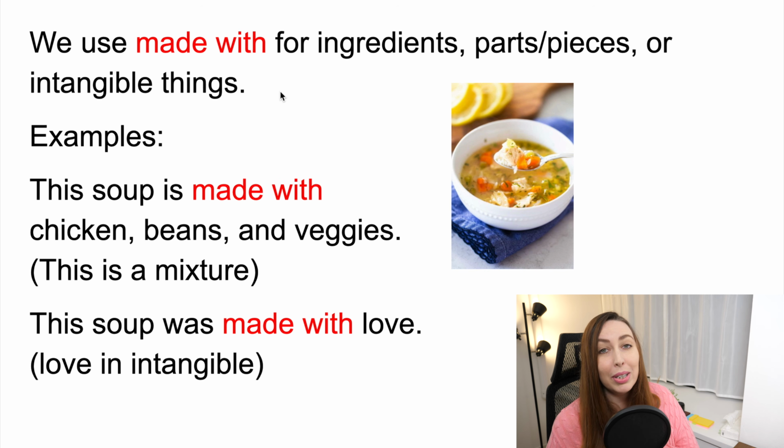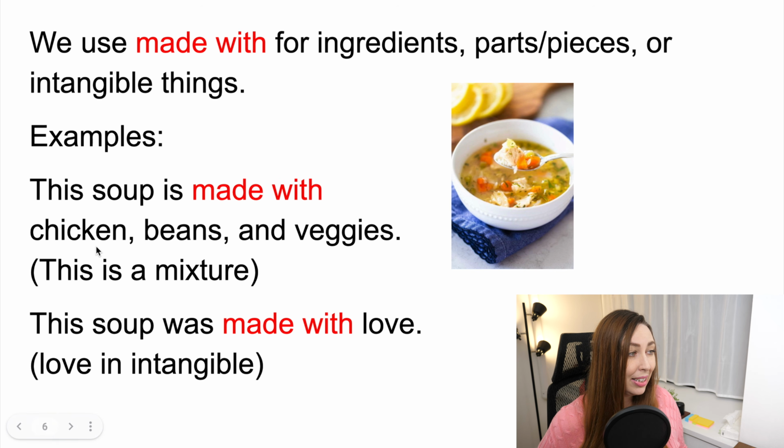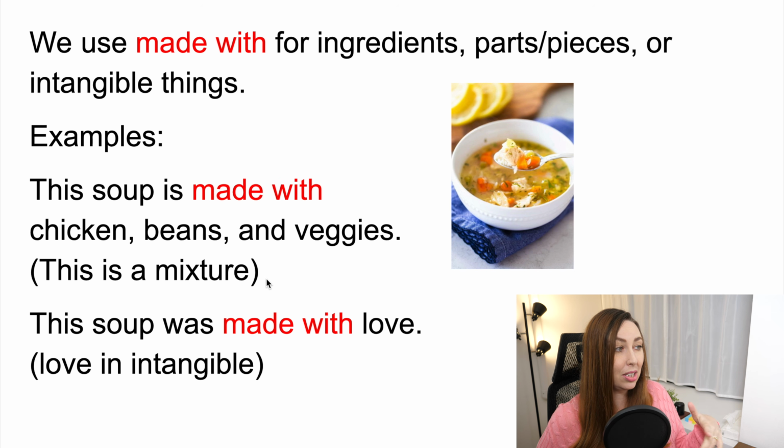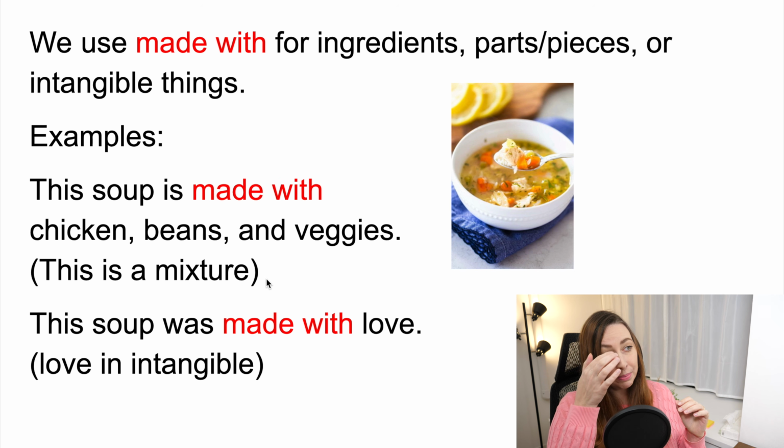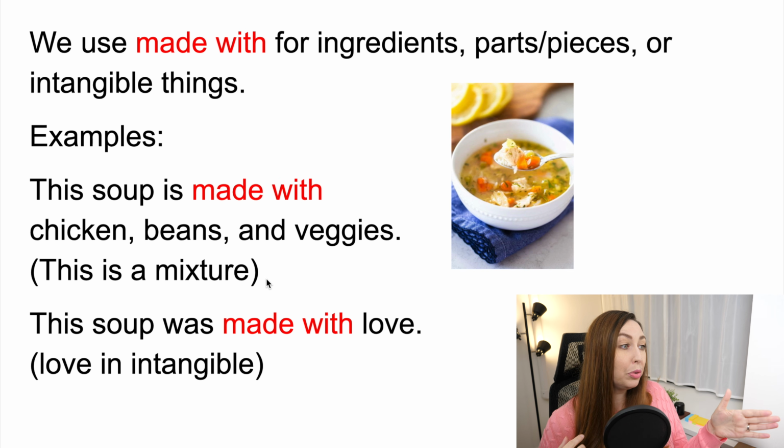Okay, so we have two examples here. So you can see I have a picture of soup here. So my first example is, this soup is made with chicken, beans, and veggies. So this is a mixture. So multiple things are added and mixed together. So those are the ingredients, okay?